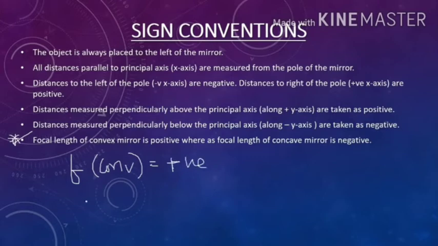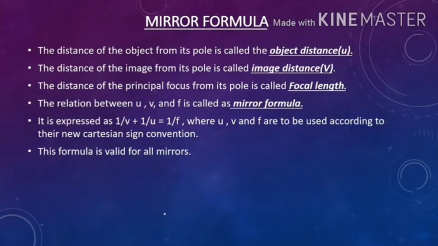And focal length of a concave mirror is always negative. So this last point is the important point, that focal length of a convex mirror is positive and focal length of a concave mirror is negative.